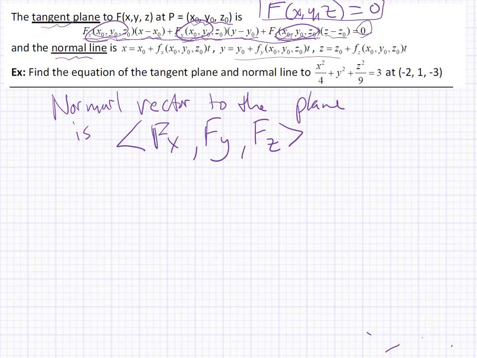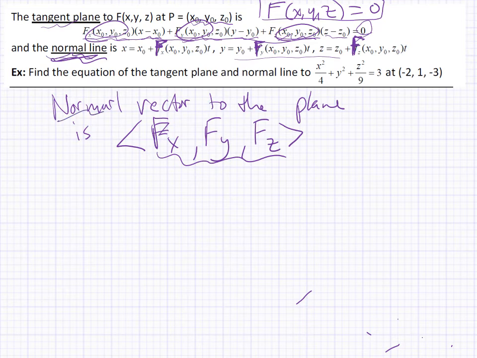And if that's the normal vector to the plane, then we can talk about writing the equation of the normal line by using, this should be capital F, this should be capital F, and this should be capital F, the vector that's perpendicular or normal to the plane.